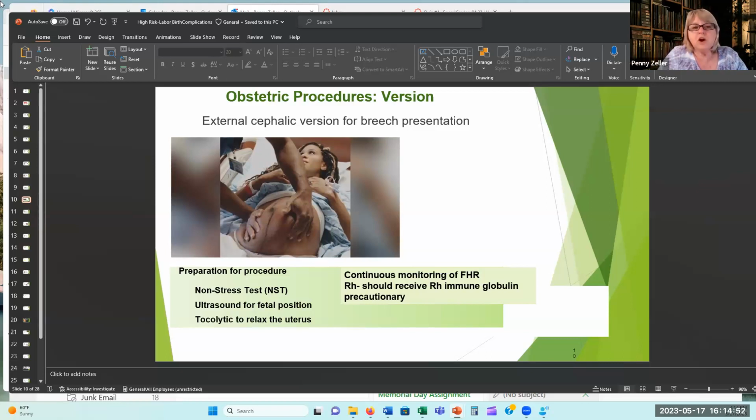If she's Rh negative, we're going to give her RhoGAM, because during version, if there is some mixing of blood or some emergency comes up, she'll be protected. So that's what we call version. Sometimes it's not a complete breech, and we just need to manipulate the baby a little bit to bring that head down.